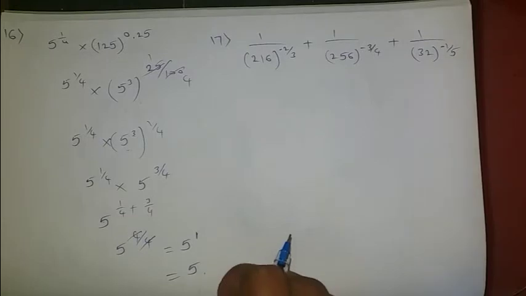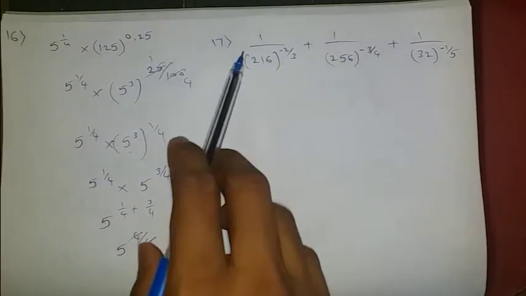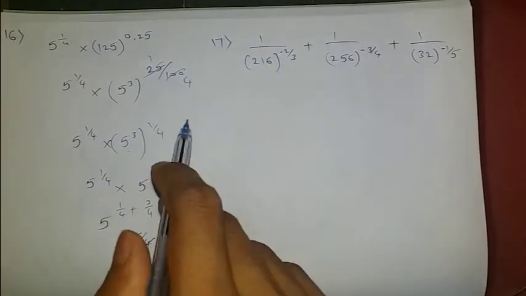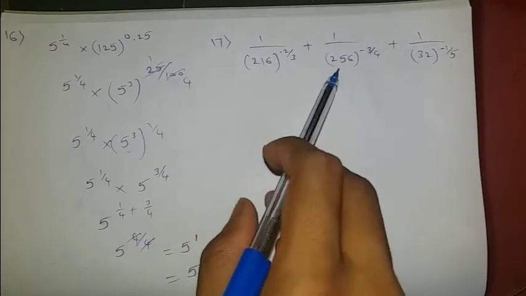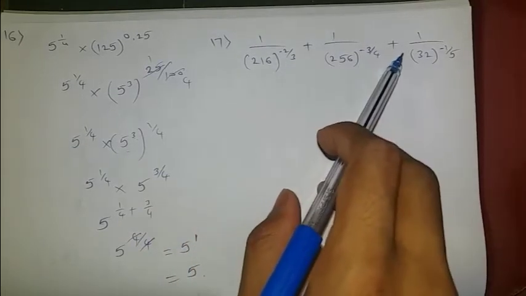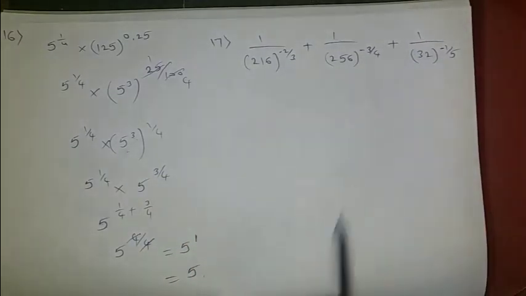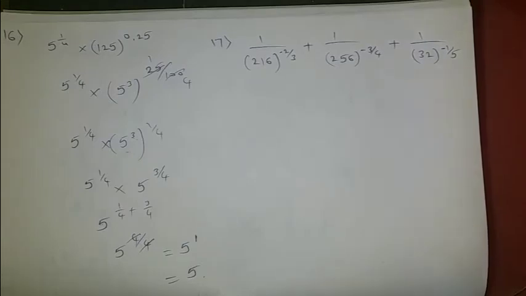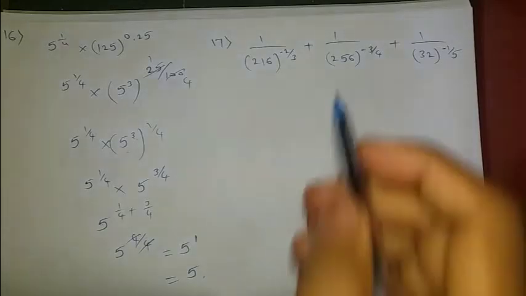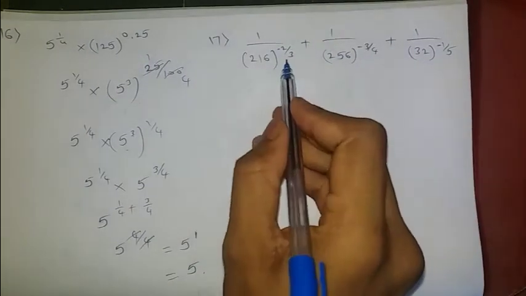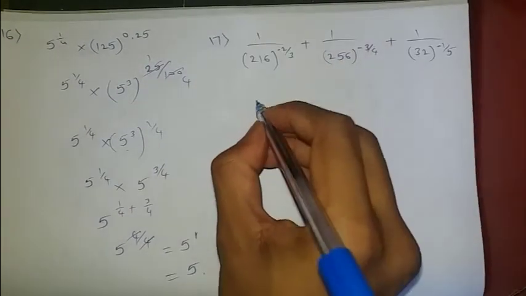Okay, let's move to the next question. 1 by 216 power minus 2 by 3 plus 1 by 256 power minus 3 by 4 plus 1 by 32, whole power minus 1 by 5. If we solve it now, power is negative, so write it in reciprocal.